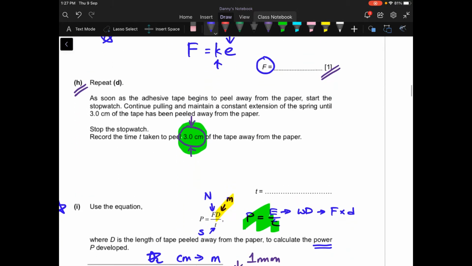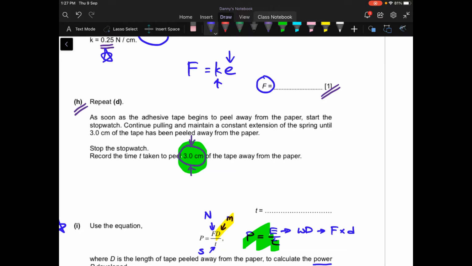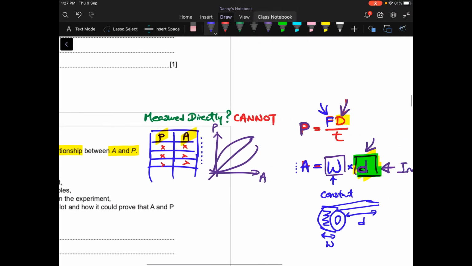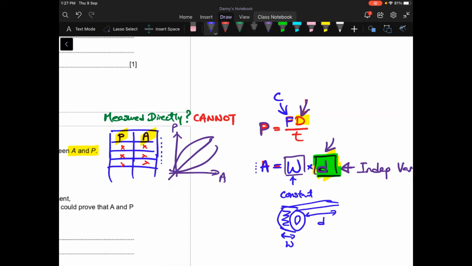Except, oh, okay, now I look at H. You see that, oh, you want a constant extension. So as you peel, the extension should be kept constant. So meaning that if this guy is constant, this guy is constant, that means this guy, F, is also constant. So I'm settled with this. Correct or not? It's a constant.